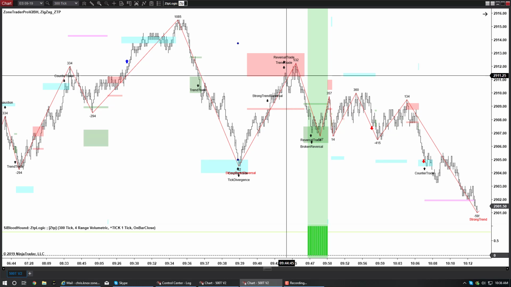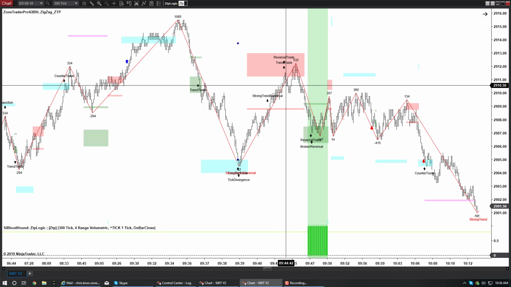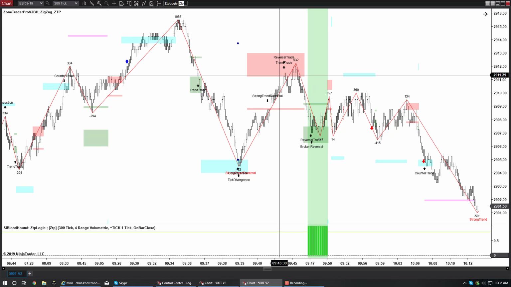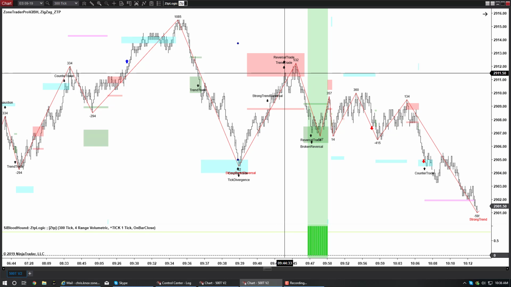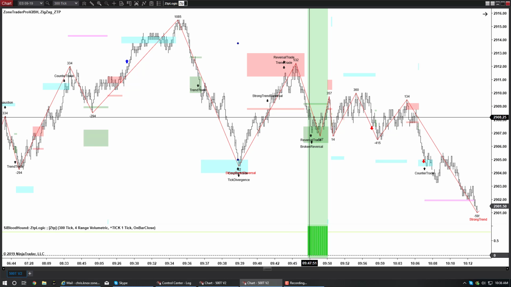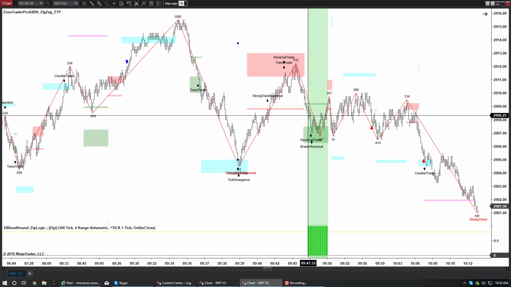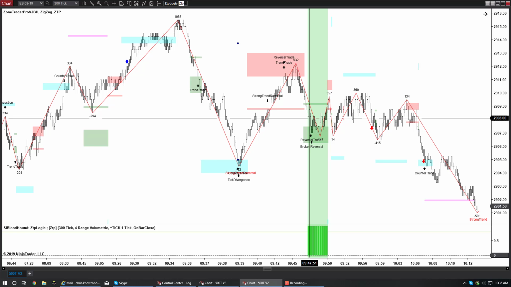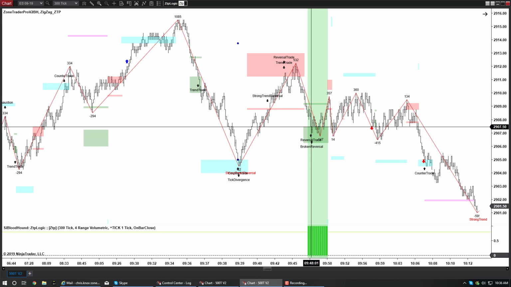Now, the first thing that has to happen is we need to trade within 3 ticks of this intermediate zone right here. And then the second thing that has to happen is we're saying that at 3 ticks, and you can see this with the bloodhound, at 3 ticks we are now being given the broken reversal trading signal, and the broken reversal trading signal stops when price touches the intermediate zone here.